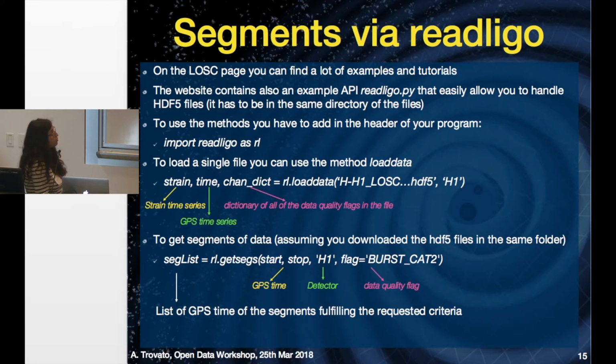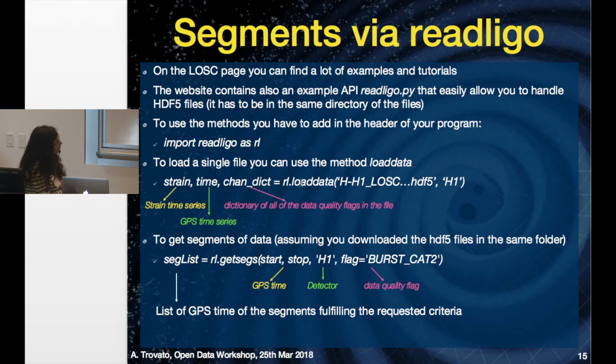A very useful tool is this readligo.py API, that if you download it and import it in your Python file, allows you to load the data and extract the strain time series, the GPS time series, and the dictionary.